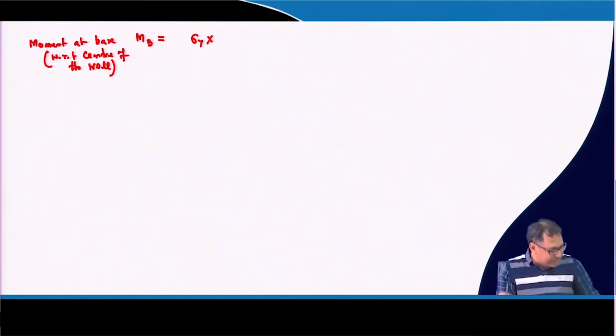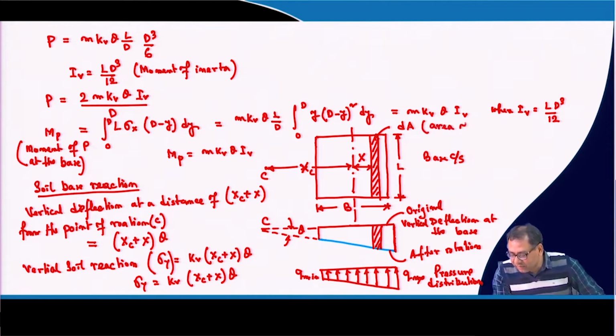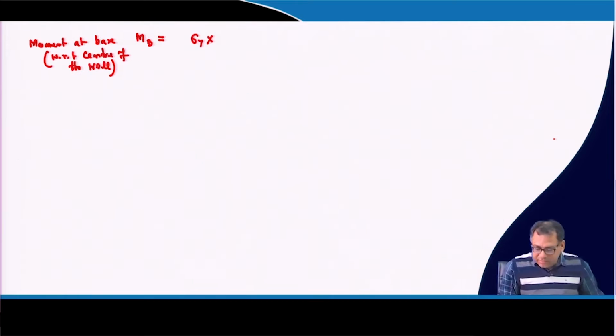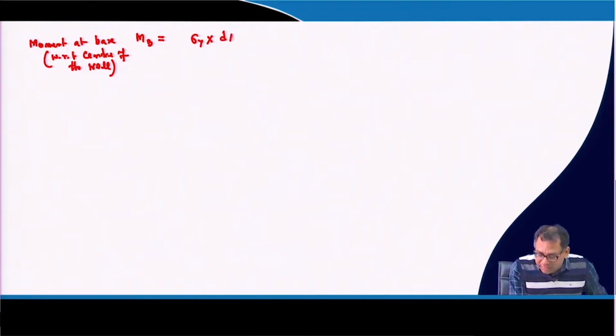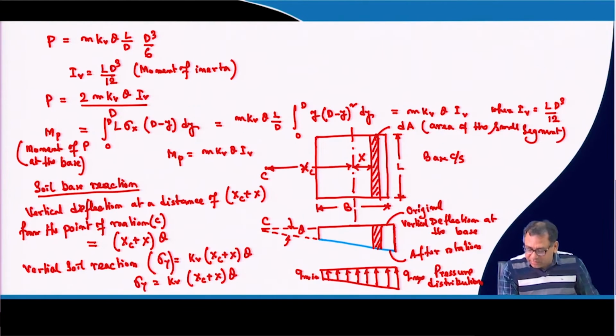If the stress is acting in this small segment and the area of this small segment is dA, then the total force will be sigma y into dA, and then the lever arm is x, because that is from the center of the well.